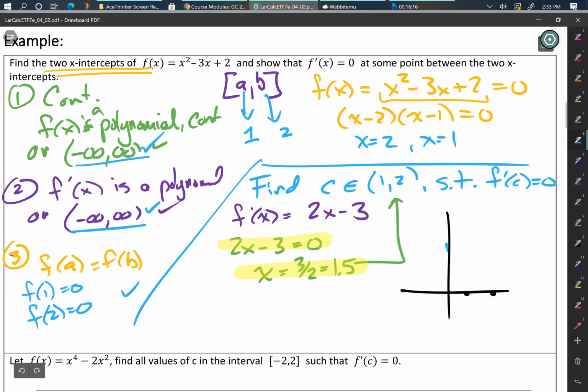I'm looking at a parabola that does that. And so then there's going to be my horizontal tangent, which is the vertex of the parabola. And I'm hoping you remember from college algebra that the vertex of a parabola is always halfway between the x-intercepts, provided that your parabola does cross the x-axis. If you happen to have one of those sneaky parabolas that doesn't cross the x-axis, you can't use this trick.